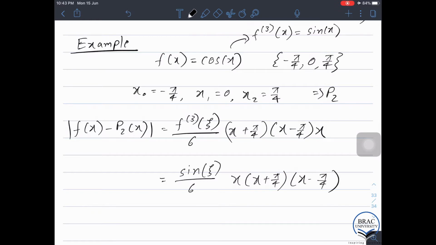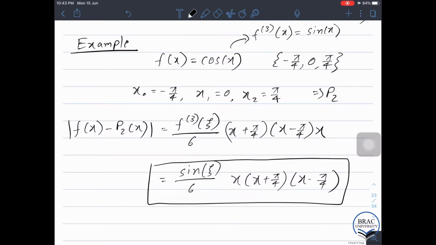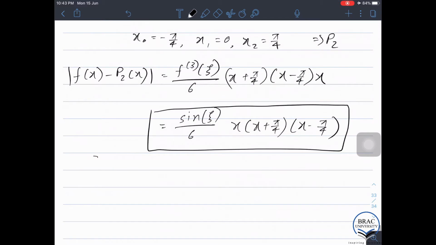Now I want to calculate the maximum of this whole thing in the interval, say from -1 to 1, because all my nodes are in this interval. This interval will be given in your problem.